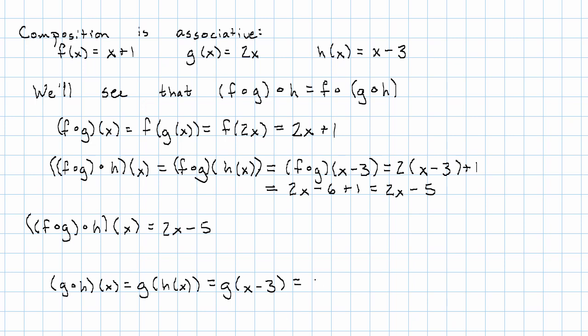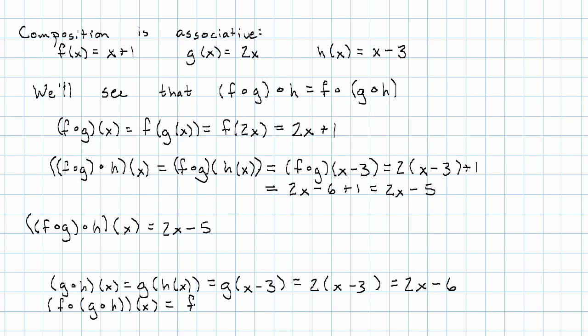g of x is the function that takes its input and multiplies it by 2. In this case, that input is x minus 3. Simplifying, we get 2x minus 6. Then f composed with g composed with h of x.